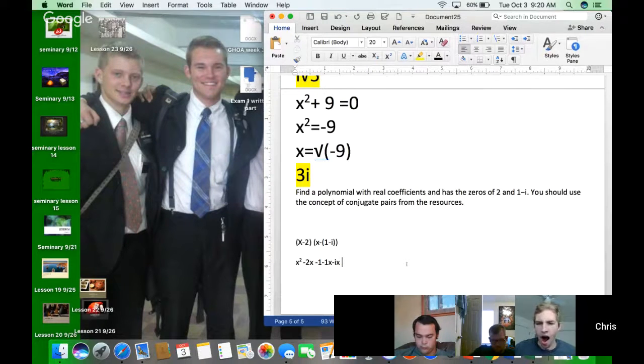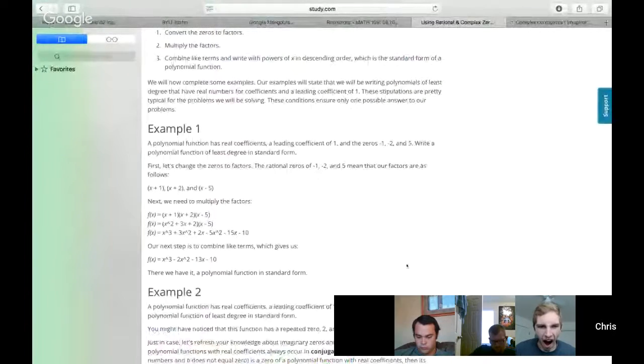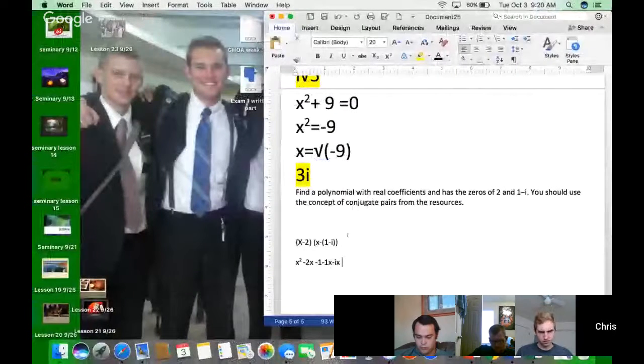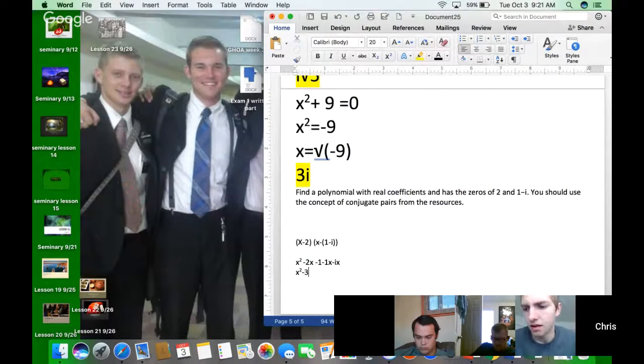It looks like we need to combine the like terms. Is there any like terms? Yes, there's one right there, and there's one right there. X squared minus 3x minus ix minus 2 minus 2i.